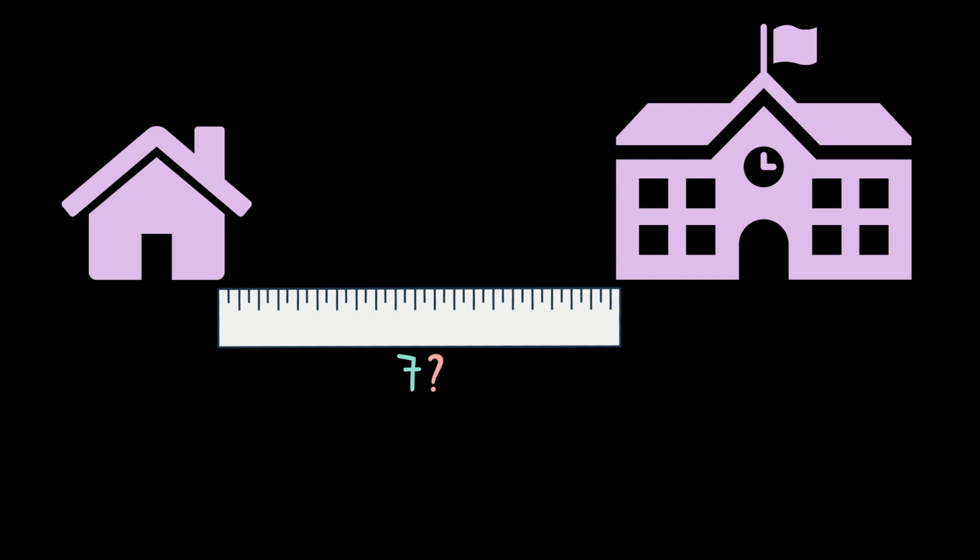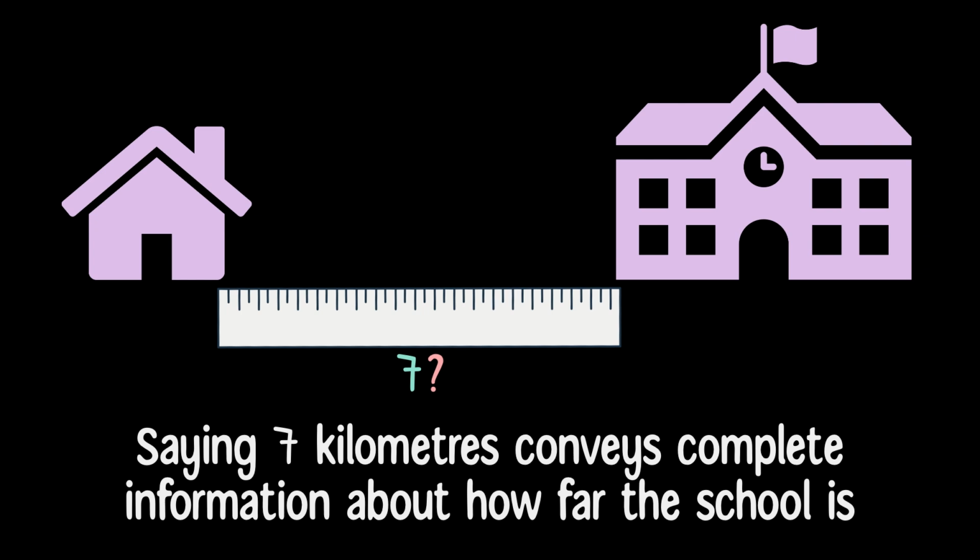However, if you were to say 7 kilometers, now you've given a complete answer with which the other person can understand your intention. And this is because a kilometer is a standard measure of distance. What this means is that a kilometer will mean the exact same thing to everyone. And that's why it can be used to communicate distance.